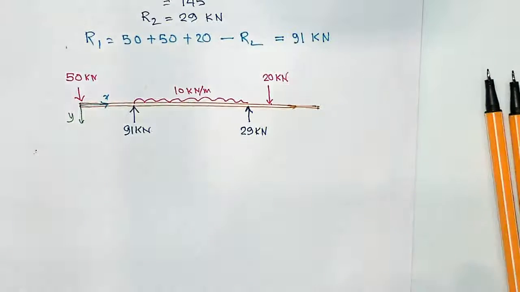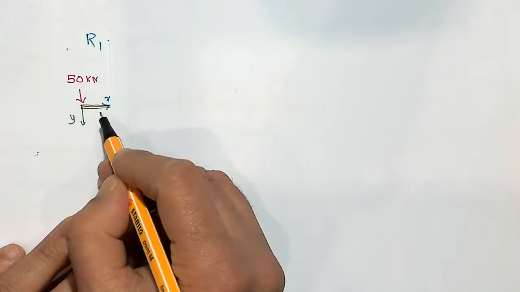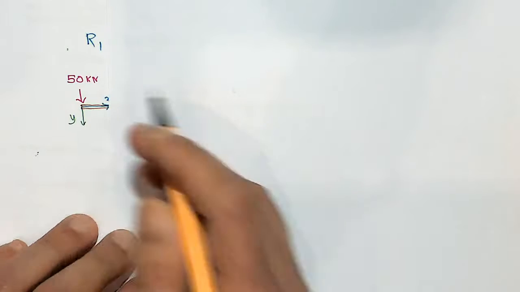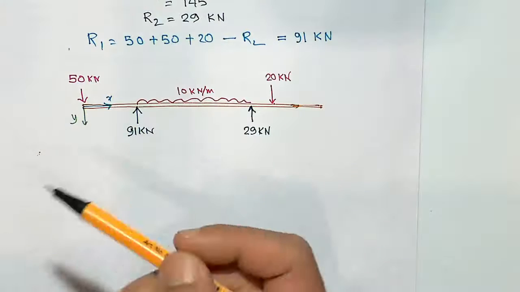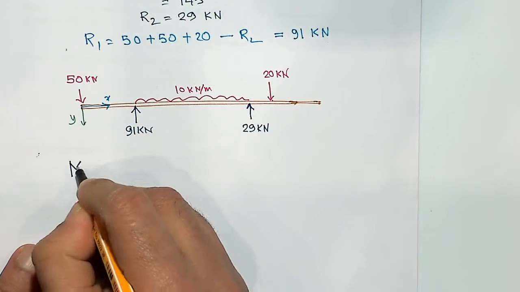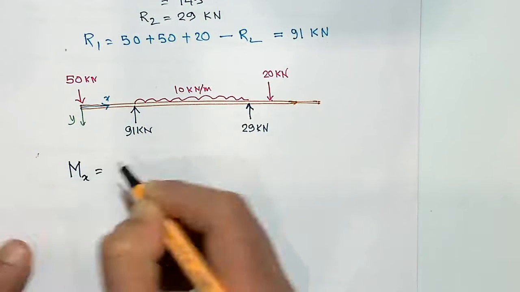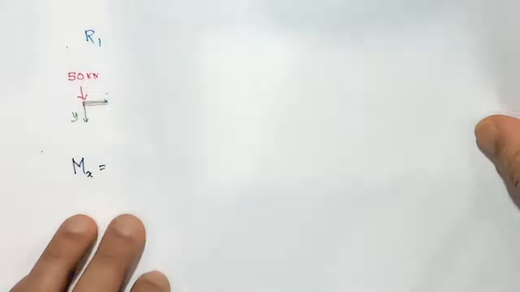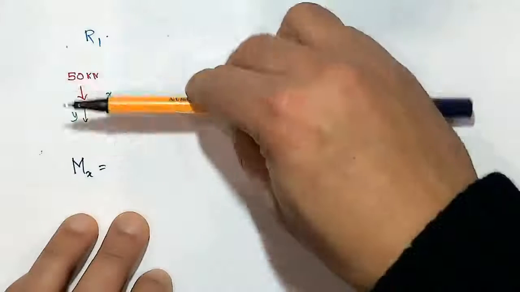So how do I do that? First I take a moment at this point. If I take a moment just for the 50 kilonewton load, the moment at an arbitrary distance x, up to here, would be 50 times x. Now I am calculating bending moment, so I'll go back to my bending moment sign convention.